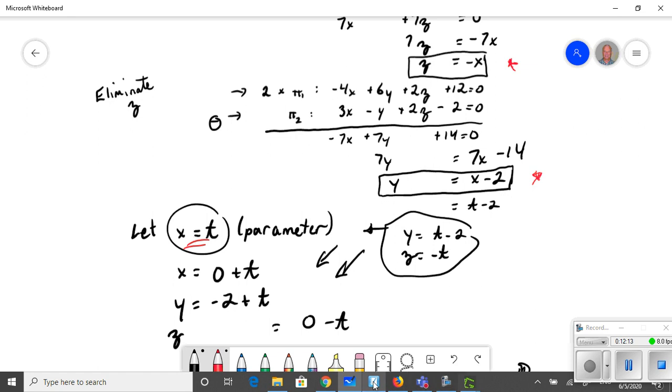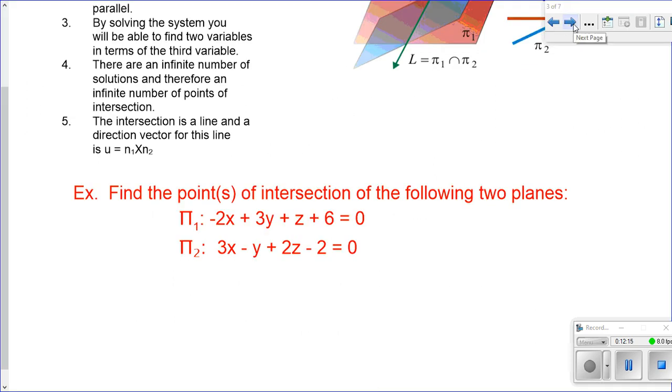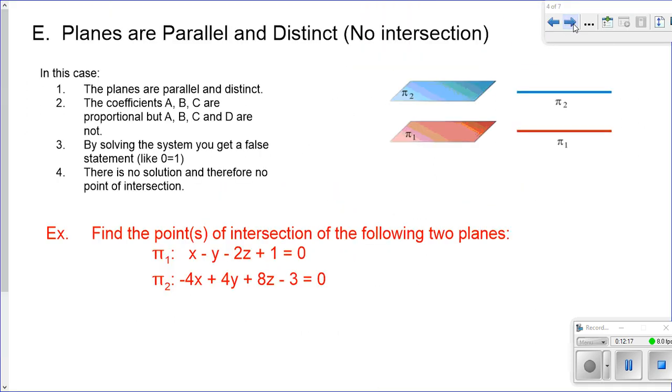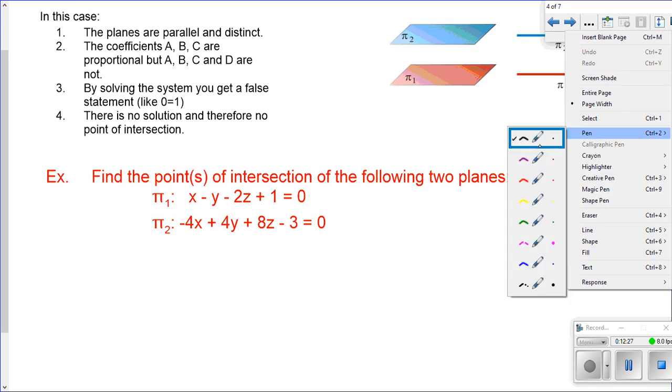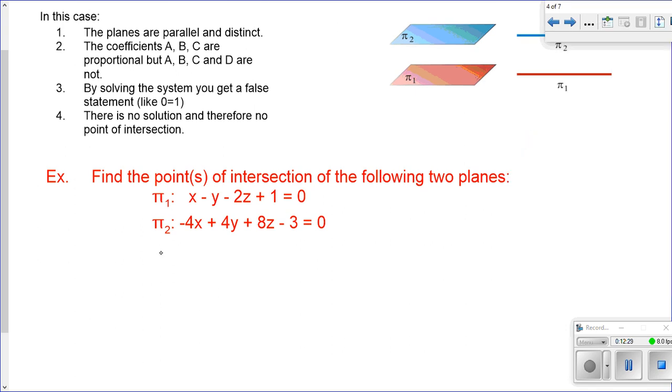All right, so let's go back to my next one. There's this parallel and distinct. Not as hard with this one here. The first thing I'm going to do is look at my normal for this plane, which is (1, -1, -2).